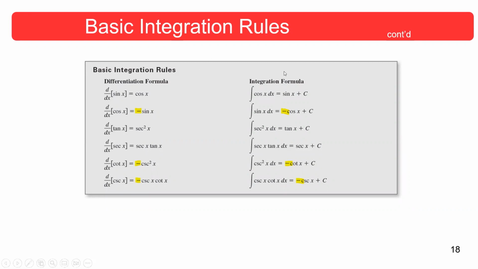Whereas in the integration, whenever the answer starts with letter C, look at the answers, they are the negatives. So the integral of cosine of x is a positive sign, but the integral of sine is negative cosine. Okay? So please know how to use them properly.